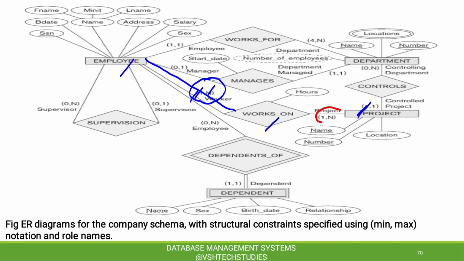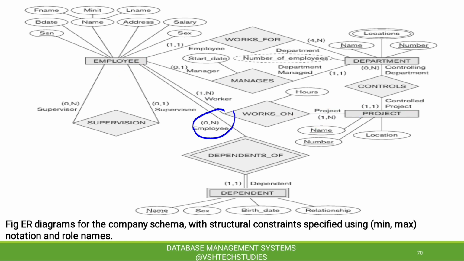The other side 1, n is written on the line joining project entity with the same works on relationship. So minimum number 1 indicates if at all a project is worked upon by an employee, it is worked upon by 1 employee to the minimum, n number of employees, that is any number of employees, to the maximum.